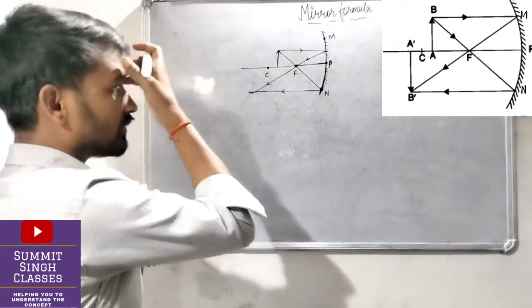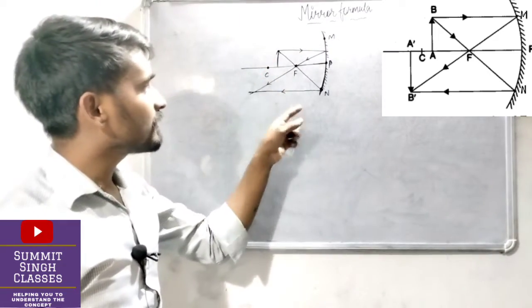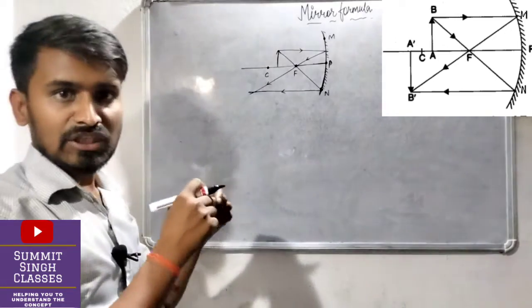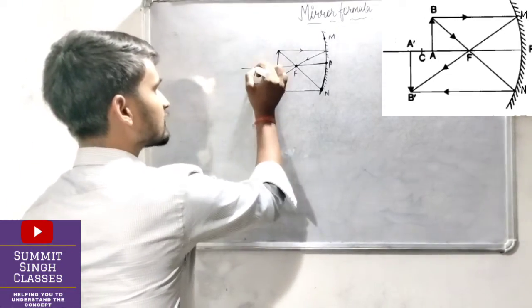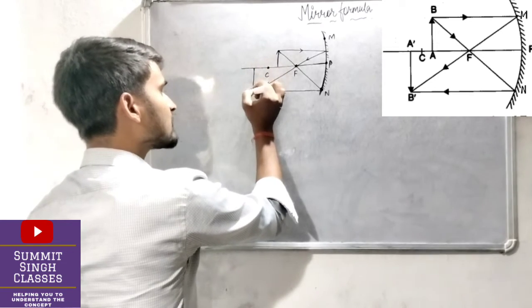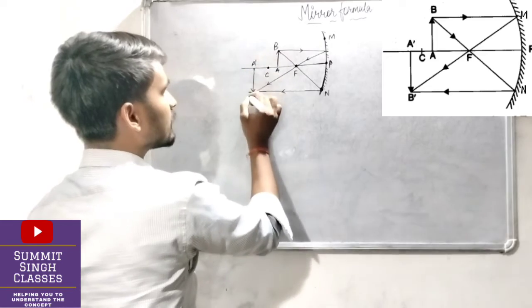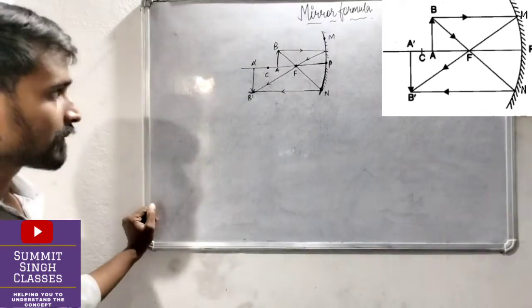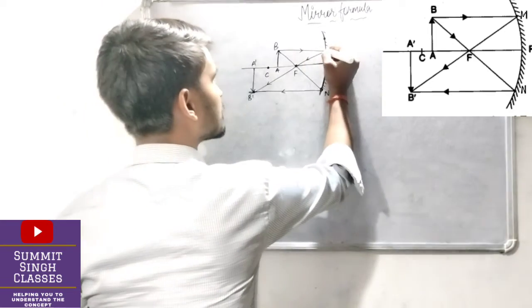So you understand that the rays of light after reflection intersect each other at this point, so the image of the object will be formed here. If we let the object be AB, then its image will be A dash B dash. Let this point be M.